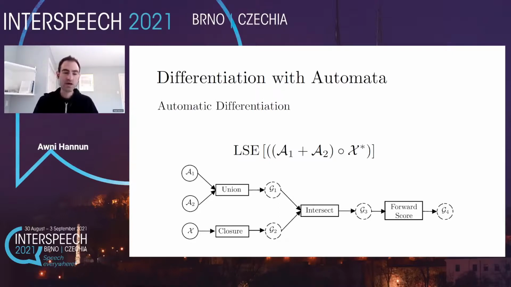I'm not going to explain how the automatic differentiation works in detail. The high-level idea is that it's reverse mode automatic differentiation. You construct this graph dynamically by computing this function.